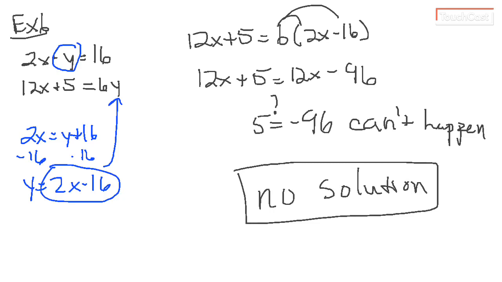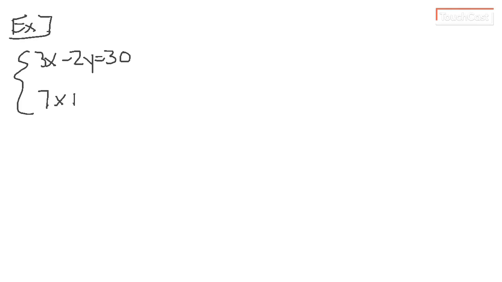Now let's look at number 7. We've got the system 3x minus 2y equals 30, and 7x plus 5y equals negative 17.